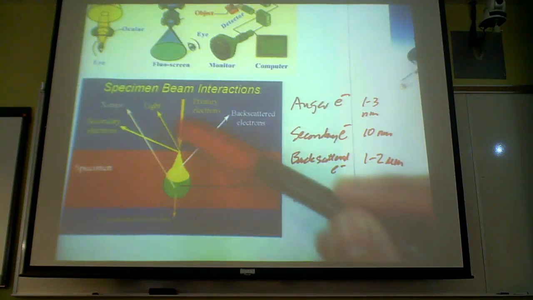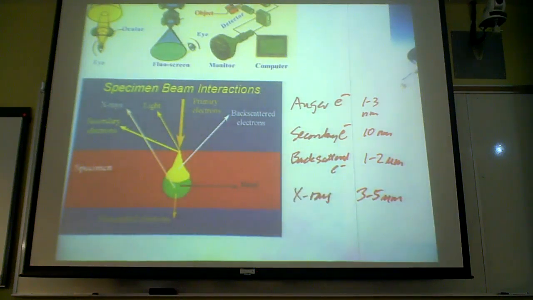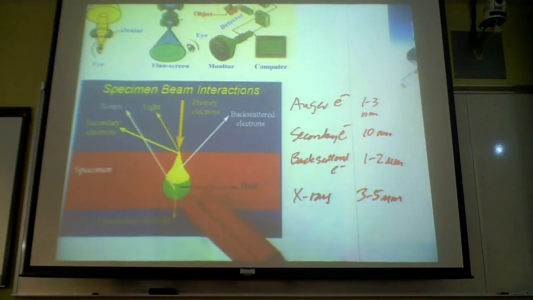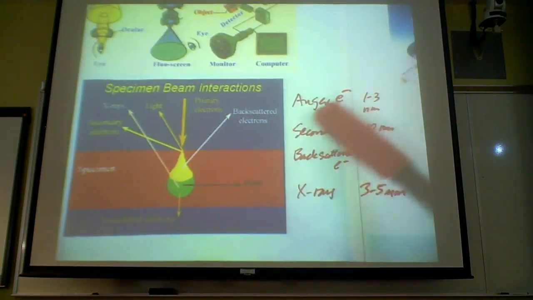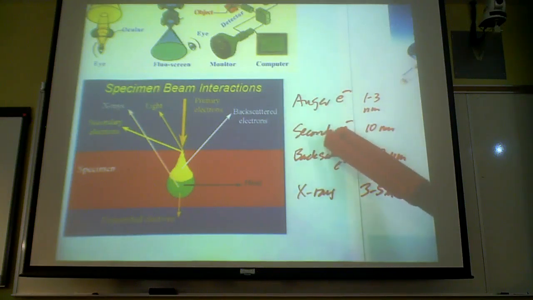And if you're looking at X-ray emission, because the electron can excite your material and cause X-ray fluorescence, they are coming from 3 to 5 microns. So this tells you the probe volume and the information carried by these particles that you detect, right? X-ray photons, Auger electrons, secondary electrons.